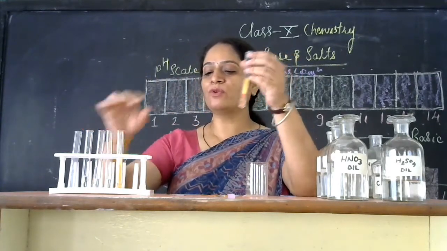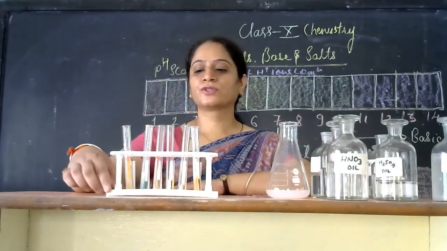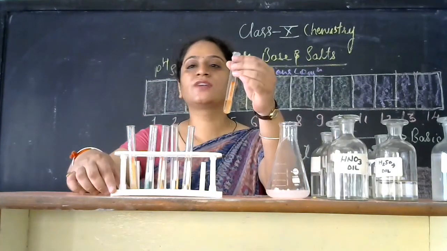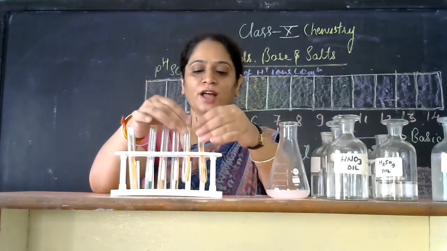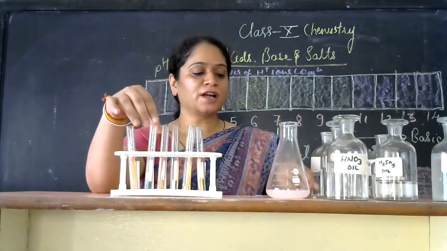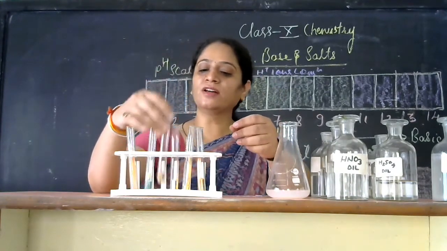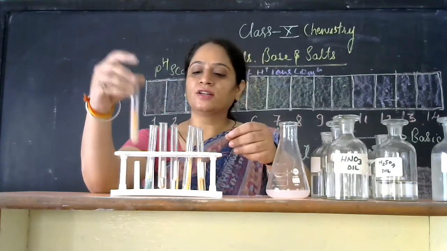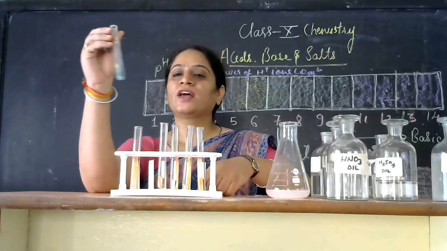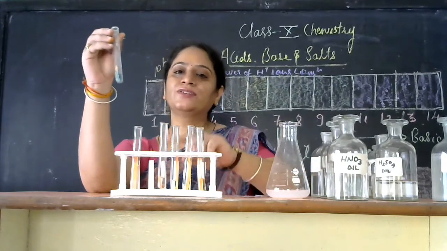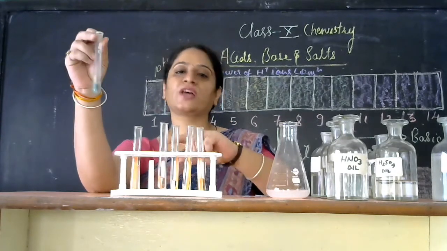I will show you one more thing. See the color changes: reddish, orange, slightly orange, and then the color positions go to pink, light pink, and slightly yellowish. See, this one becomes blue in color, which means the acidic strength decreases and the hydrogen ion concentration changes to OH ion concentration.